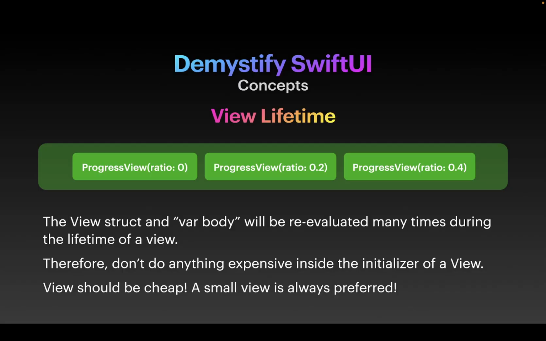If you want to do something expensive, we're going to talk about that later, in the async await concurrency context. And yeah, the view should be cheap. Usually we prefer a small view, more modularized.